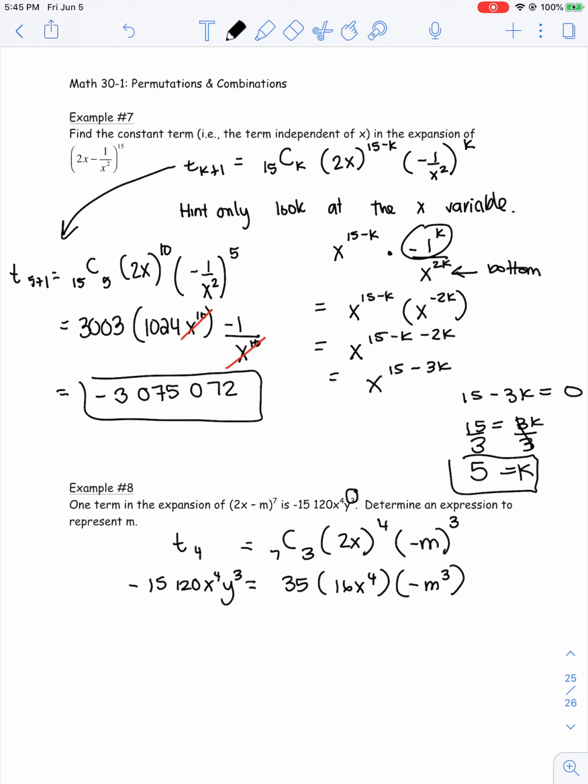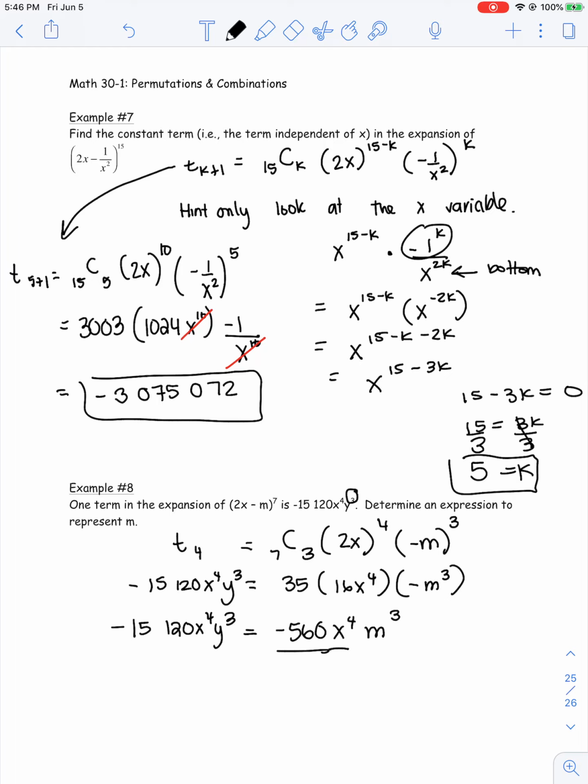Okay, so we're going to multiply all the numbers together. On the right side, that's 35 times 16 times negative 1, which gives me negative 560. And that's x to the 4 and then m cubed so far. The left side stays the same.